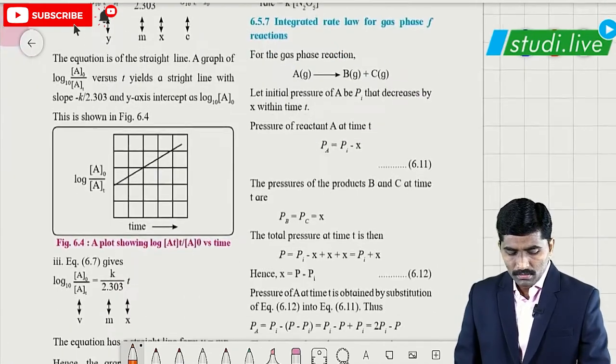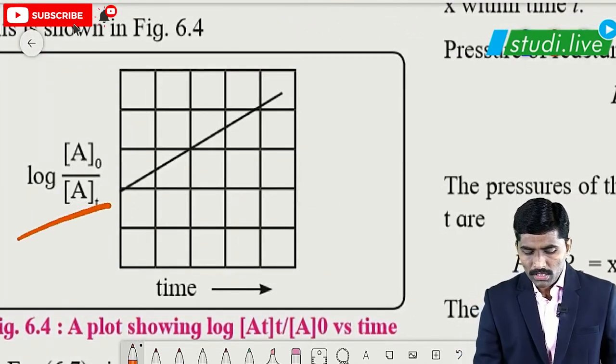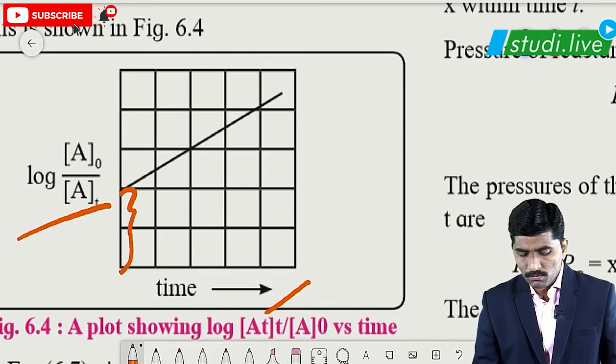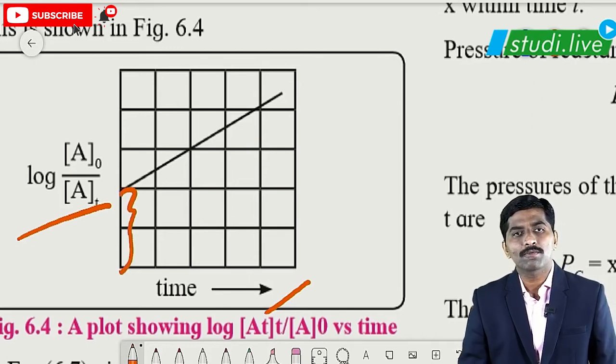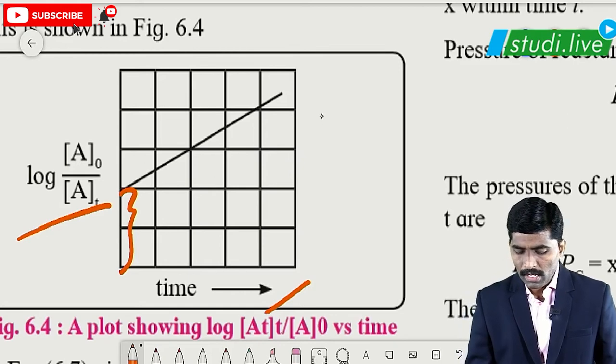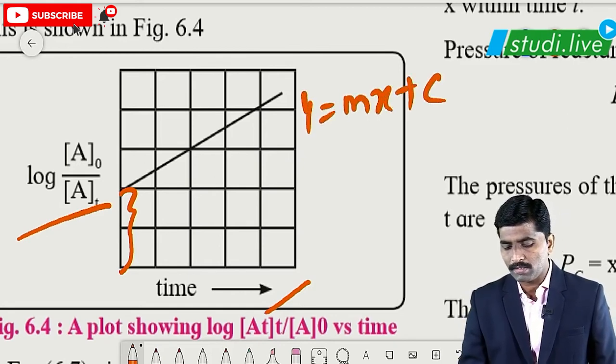And this is a graphical plot where log a naught upon a t has been plotted against time, and you can see this is the y-intercept that we have obtained, and the nature of the graph is a straight line. It's a straight line having the expression y is equal to mx plus c.